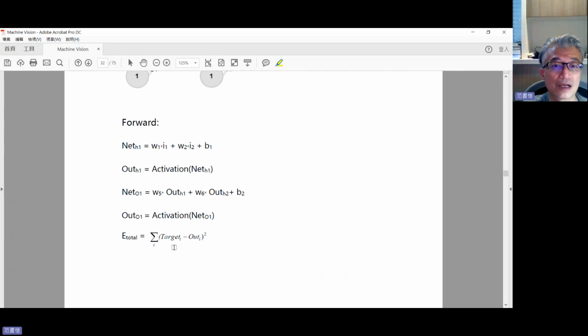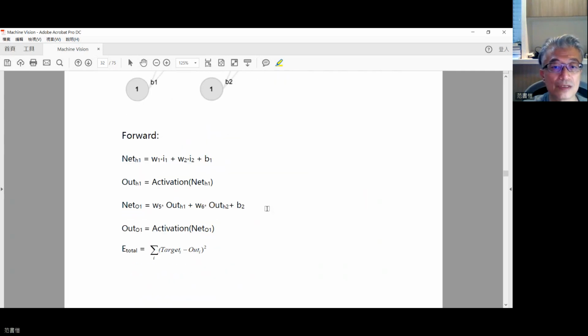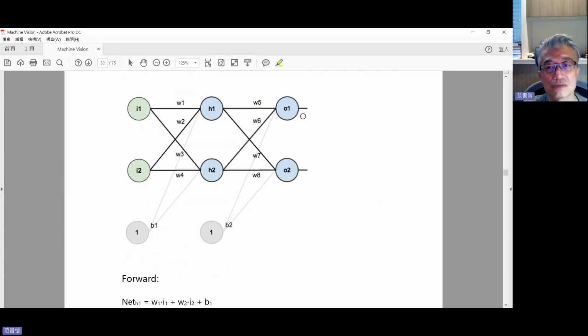So the target minus the output, take the square of that. Then for backpropagation, when we evaluate, the stochastic gradient descent will update W5, W6, W1, and W2.